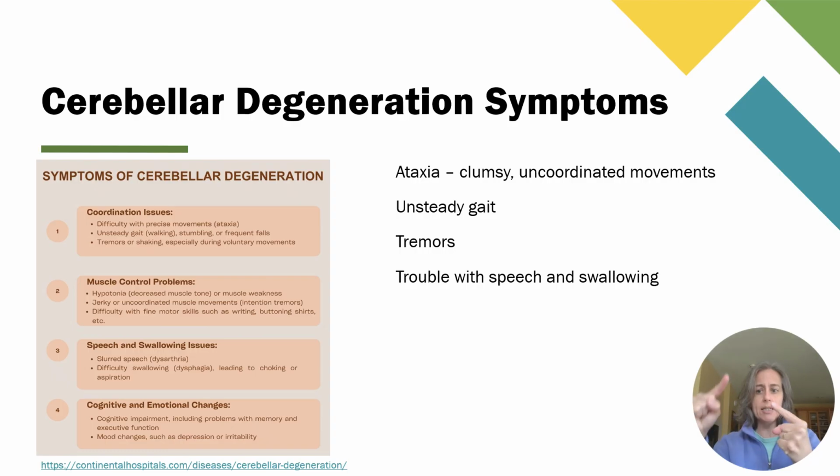So somebody with ataxia, right, would have trouble actually doing those kind of coordinated movements. They similarly then will have a very unsteady gait, because again, that proprioceptive information, the checking the motor plan against what's actually happening, all of those things aren't functioning correctly. They can also have tremors and often trouble with speech and swallowing. We haven't talked in detail about those yet, but those require very finely coordinated muscular actions. Both of those do.